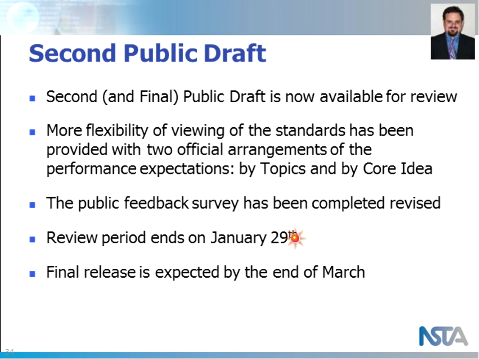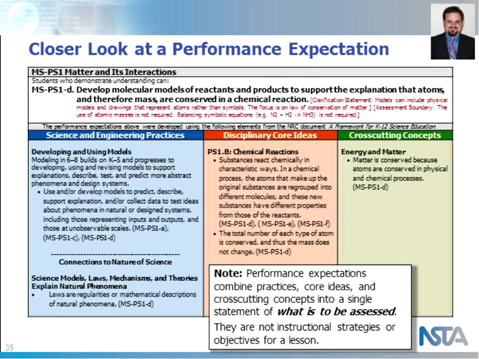The final draft of the standards is expected by the end of March, and so we'll all be looking eagerly at that point. So here's a performance expectation, a piece of the standards. You can see those scientific and engineering practices, those core ideas and cross-cutting concepts shown here in this box, and this is known as the foundation box.